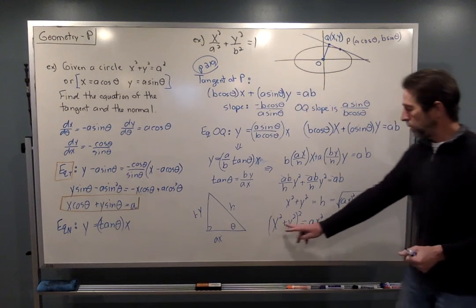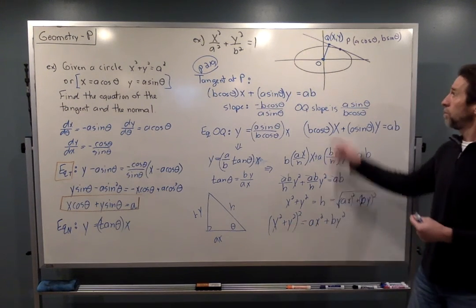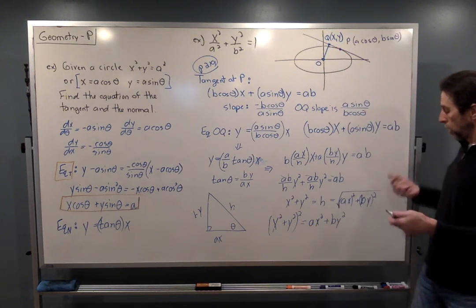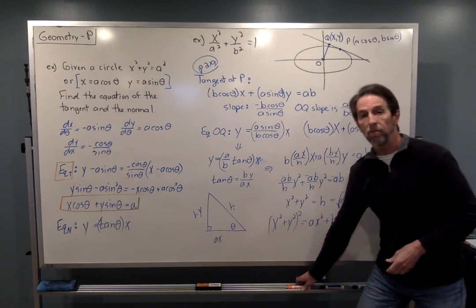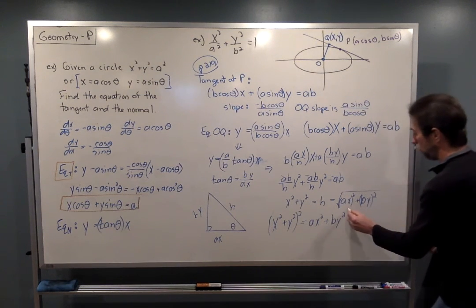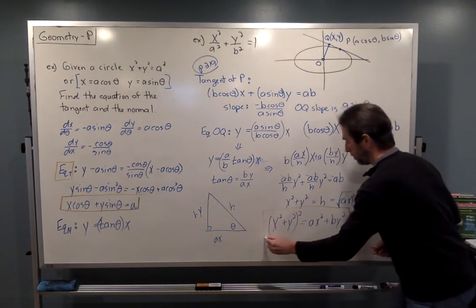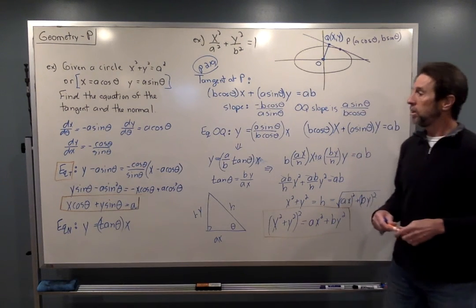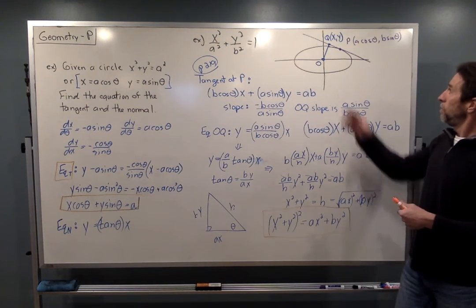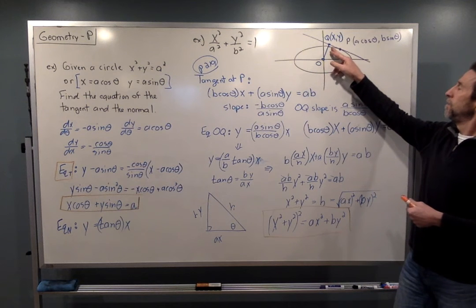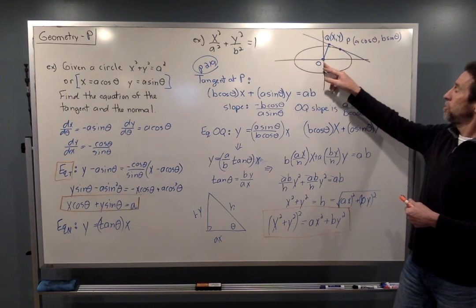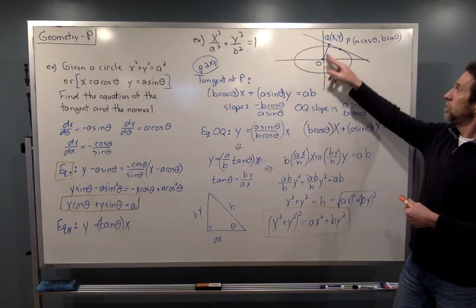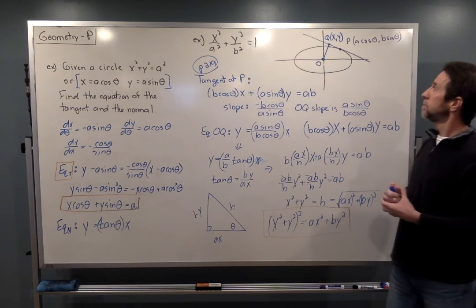Now initially these would be capital X and Y because that would be the specific point, but the locus is going to be all of those that fit this expression. So this would be the locus of all the feet of the perpendicular from the center of the ellipse to that tangent.